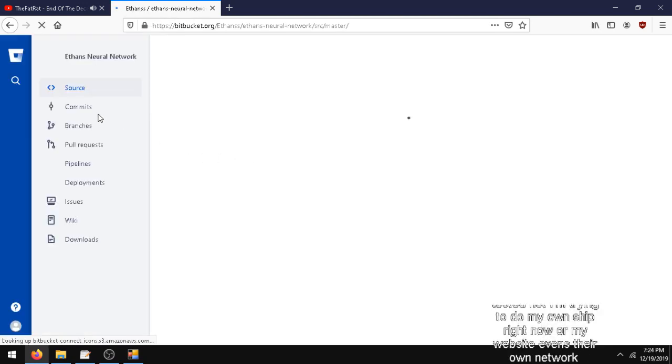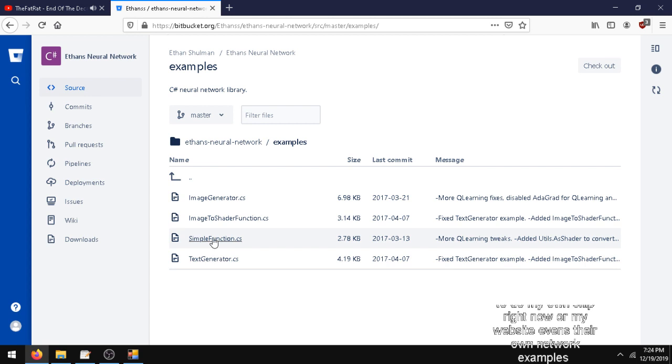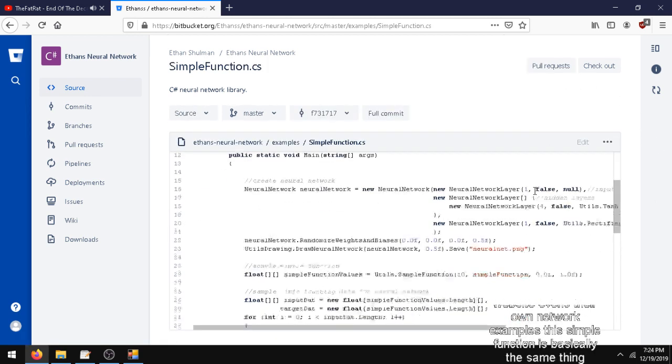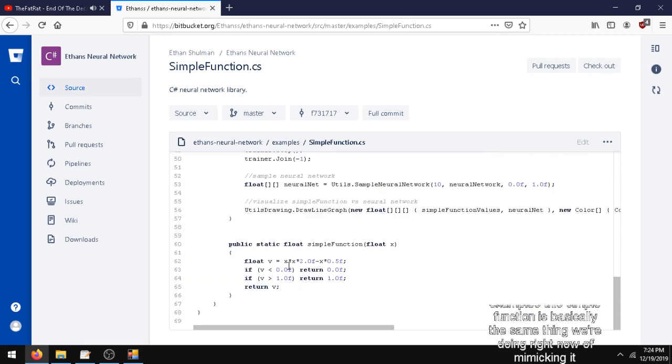go to my website, Ethan's Neural Network. Examples. This simple function is basically the same thing we're doing right now, of mimicking a triangle wave.